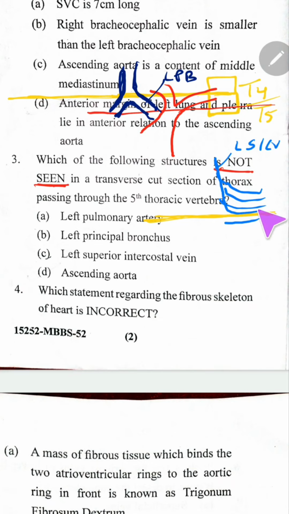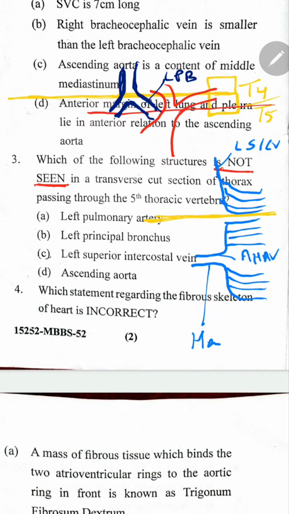Then 5, 6, 7, 8, they were joining to form accessory hemiazygos vein, and 9, 10, 11, 12, they were joining to form the hemiazygos vein. So this of course is going to be a content of superior mediastinum, left superior intercostal vein. So it will not be crossing this fifth thoracic vertebral level. Fifth thoracic vertebral level is here, T5.